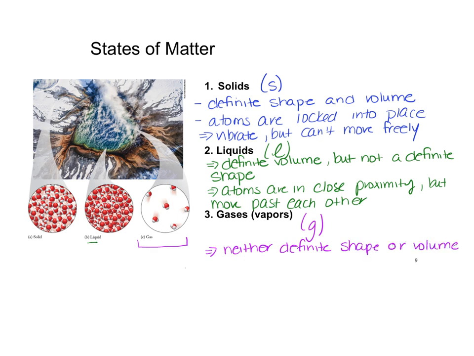They expand to fill their containers. And there's a lot of space between the atoms. Okay, so we can say, hey, look, those particles of gas are really far apart.